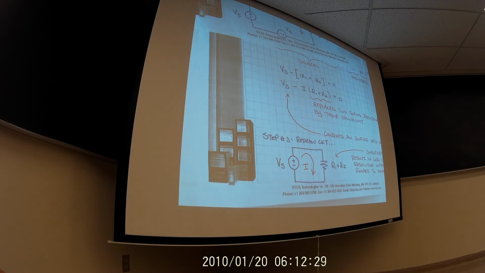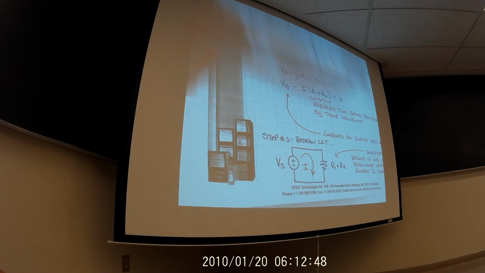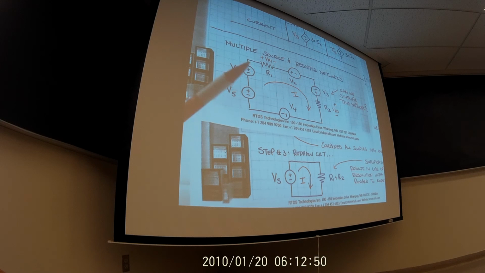It makes it easier to solve for I, but it makes it harder to solve for other quantities. So when you use this, it depends on what your end goal is. But the good thing is that once you solve for I, going back to the previous figure, it makes it much easier to solve for VR1. So it could be different steps of multiplication.